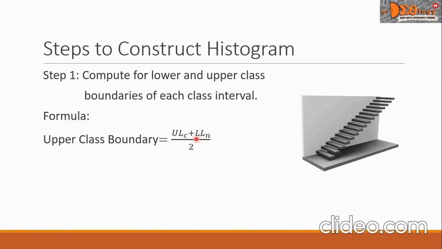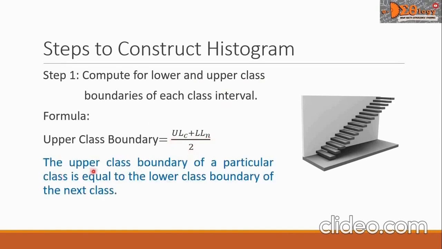This is lower limit of the next class interval all over 2. The upper class boundary of a particular class is equal to the lower class boundary of the next class.